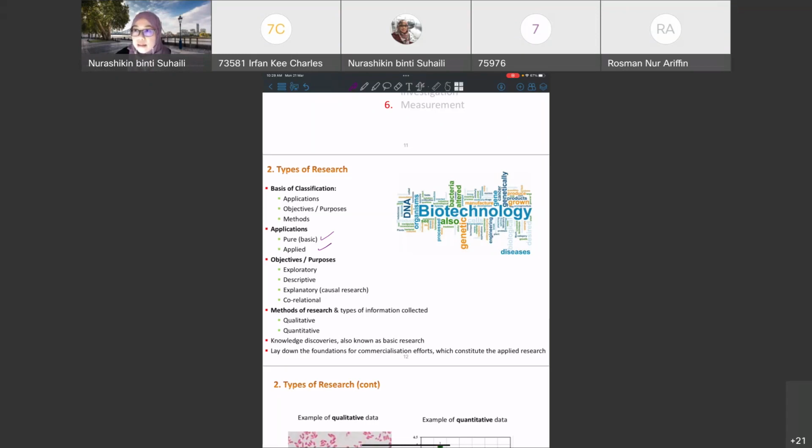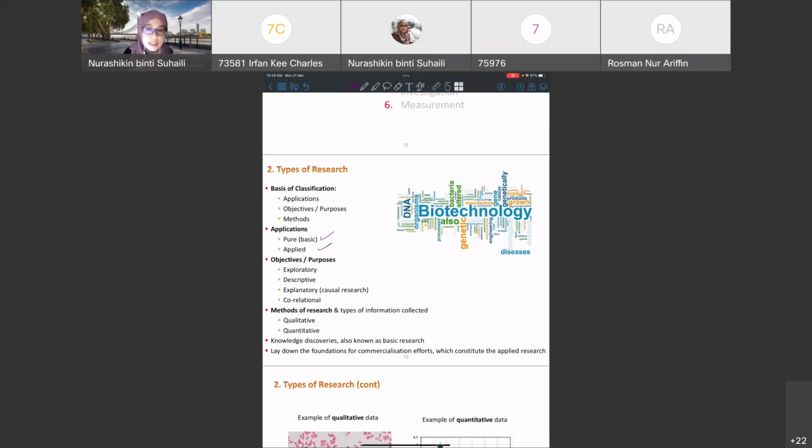Jangan cakap basic science. Basic science ni, kalau you study basic science macam plant, contohnya plant science, you study pasal the structure, the division of plants, tapi you tak kaitkan dengan application. That is basic.